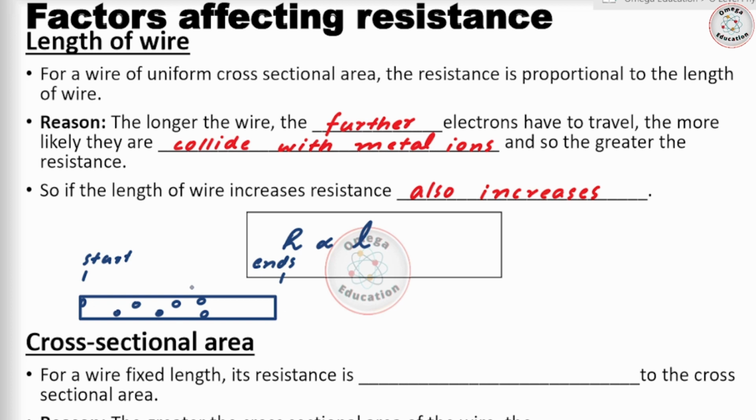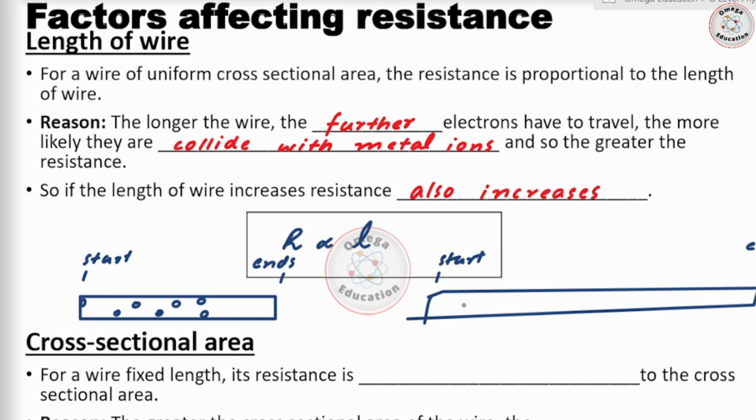But if you have to start from here and cover a lot of distance, the length of your track has increased a lot. In that case, there would generally be more opposition, more vehicles opposing you. So the longer the road, the more the number of vehicles, and the more opposition.